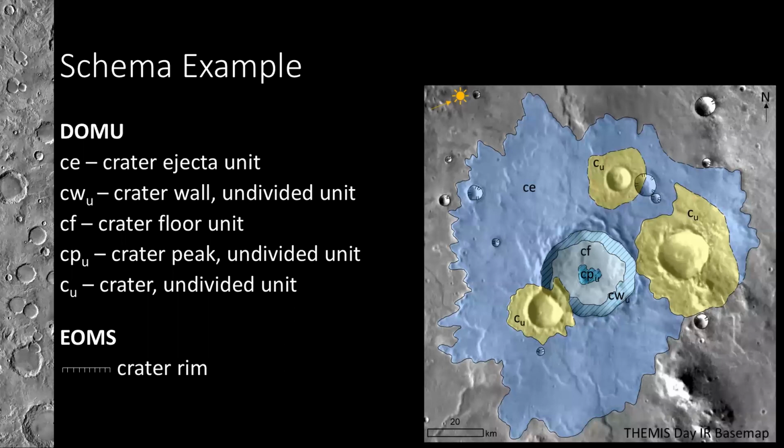Why do you combine the outer crater rim with the ejecta? Preliminarily, right now we're working off of some schemas. I'm not a crater expert, so I'm trying to get more information from those who are.